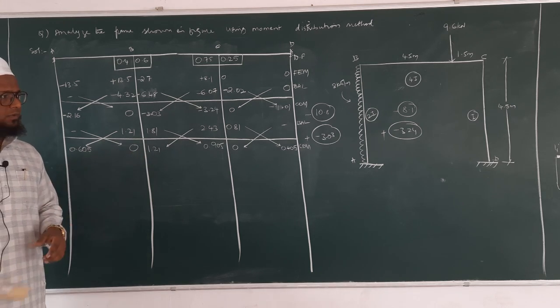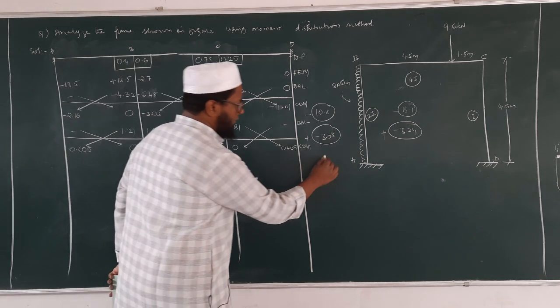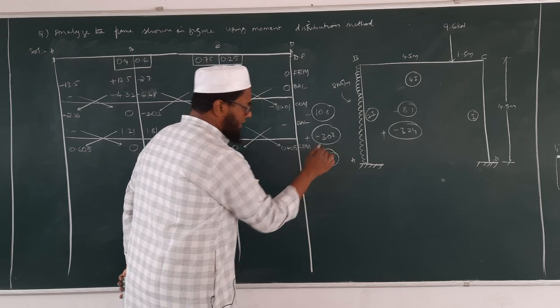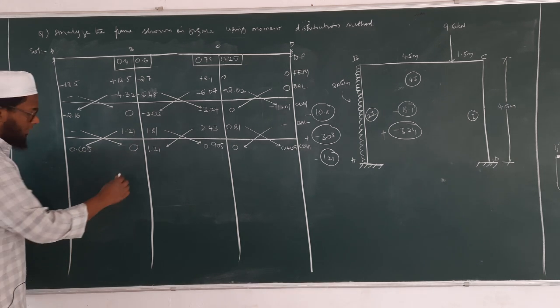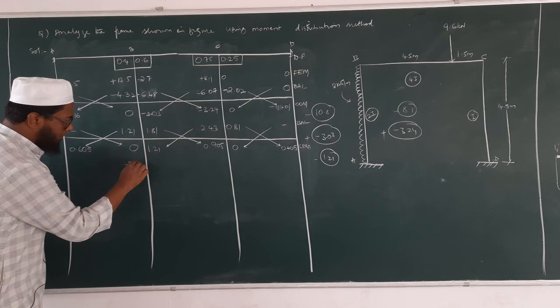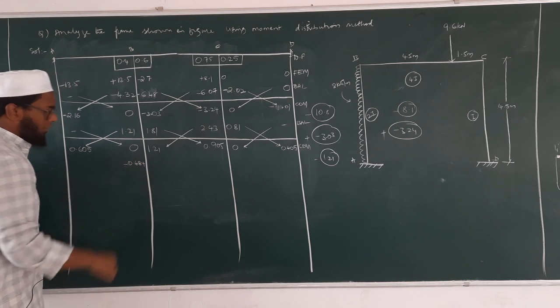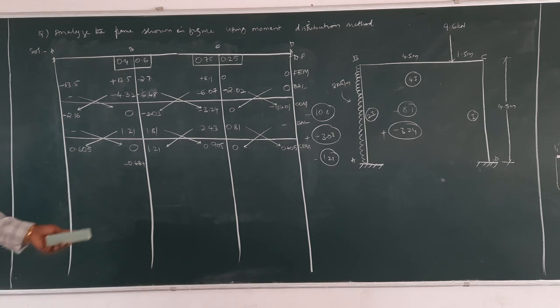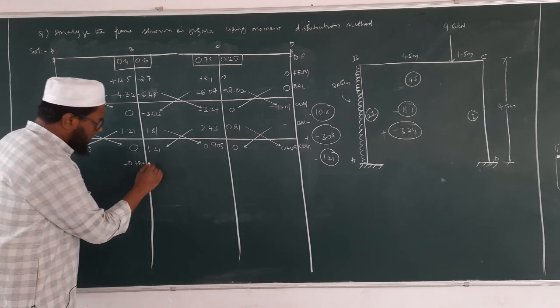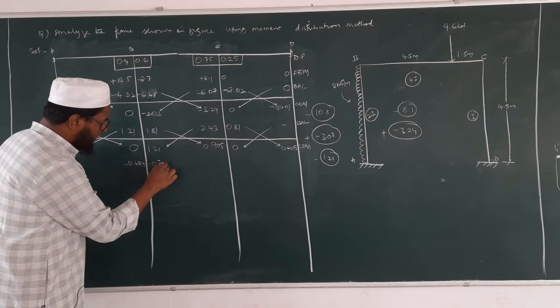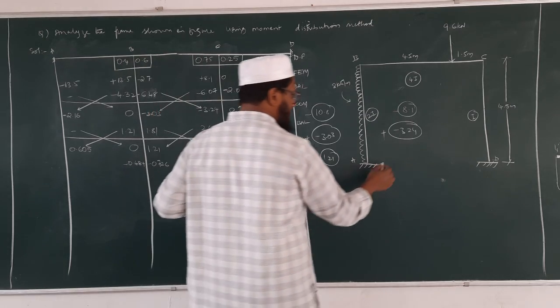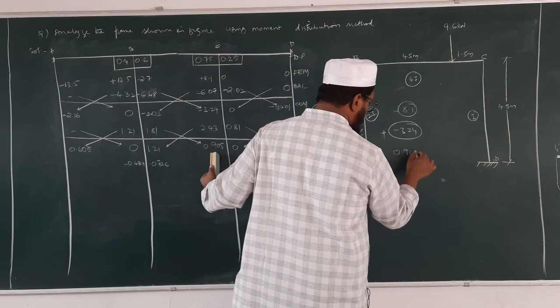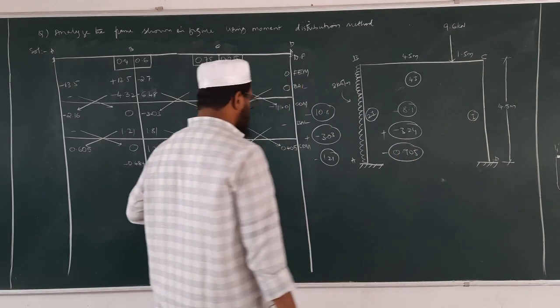0 plus 1.21 is how much again? 1.21. So we'll make it minus. So minus 1.21 into 0.4 is minus 0.484. Next, minus 0.726. Here also we have 0.905, so 0.905 we'll make it minus.